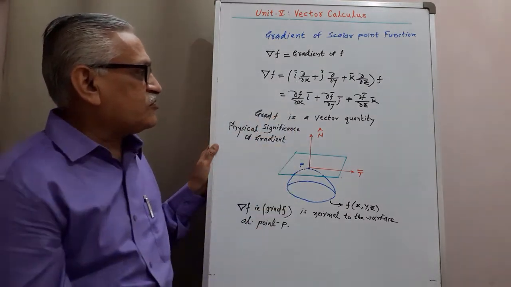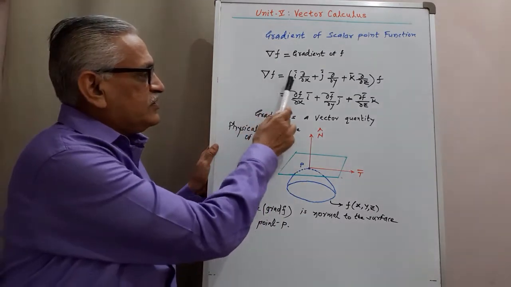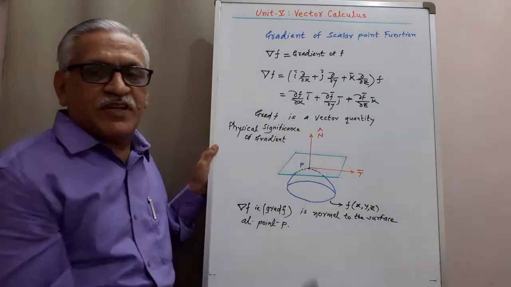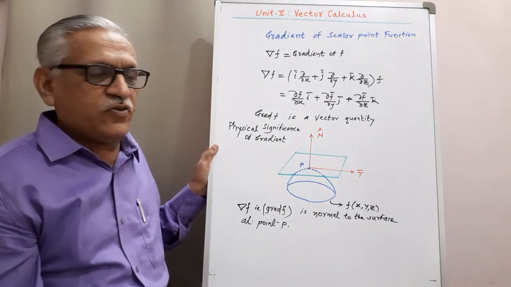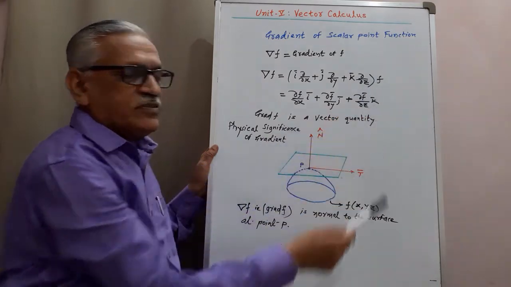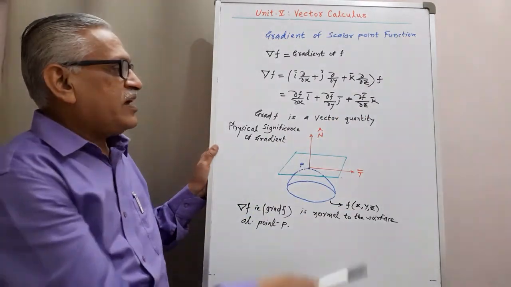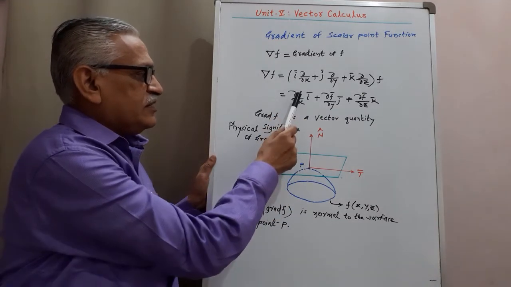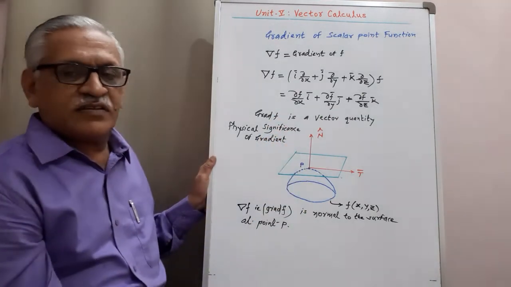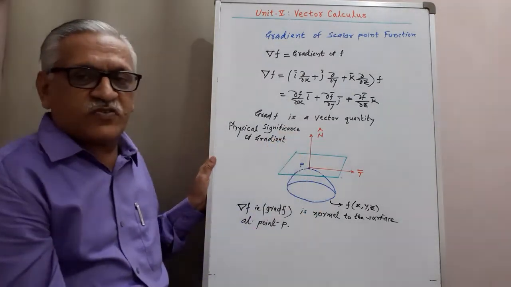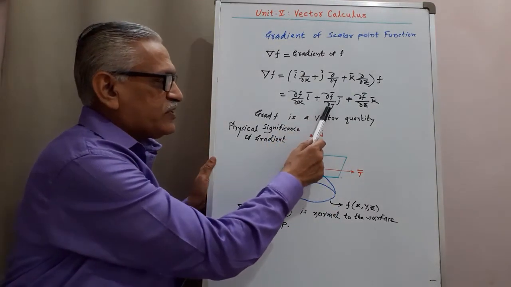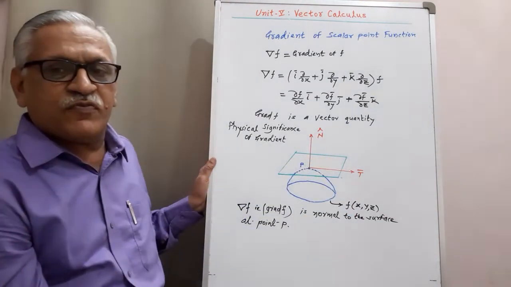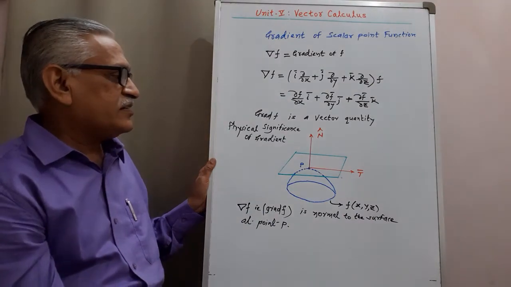And to obtain the value, we substitute the operator del here. That operator del is i into dou by dou x plus j dou by dou y plus k into dou by dou z. That operator we have to operate on scalar point function f, and operating it on f, we get dou f by dou x into i, plus partial derivative of f with respect to y into j, plus partial derivative of f with respect to z into k.